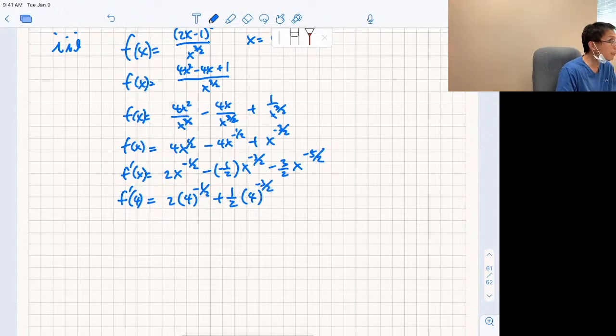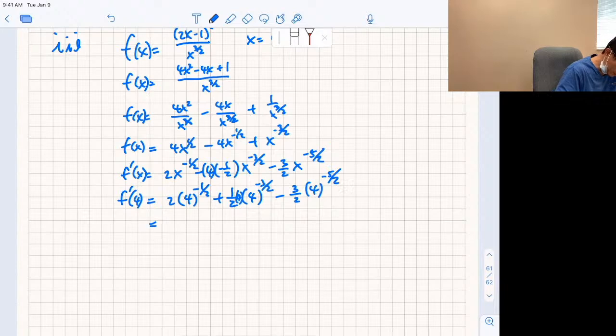Did I make a mistake? On that second part, you left out the 4 from the original equation. You're right, thank you. See, mistakes happen. Minus 4, and there was a 4 here, right? And minus 3 over 2 times 4 to the negative 5 over 2.